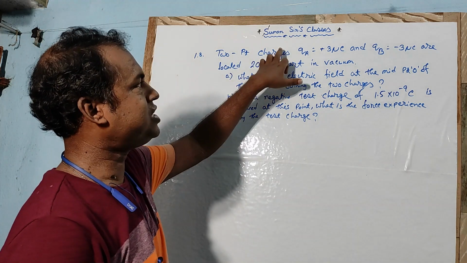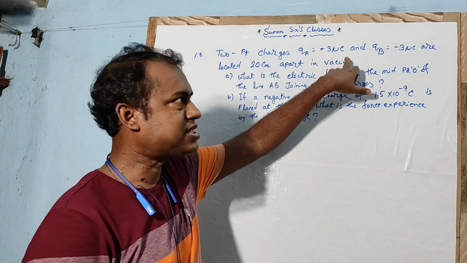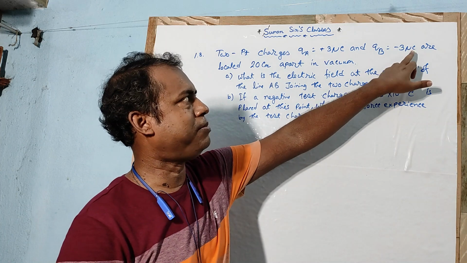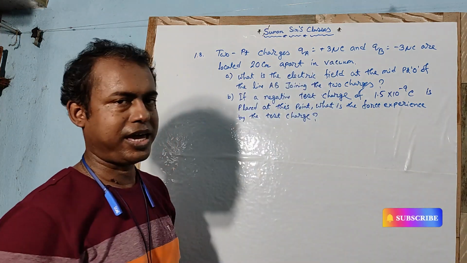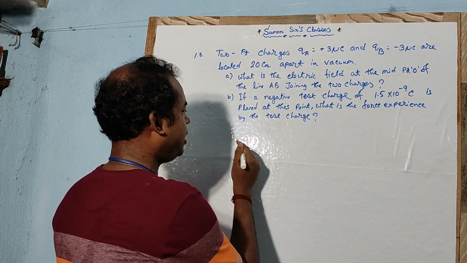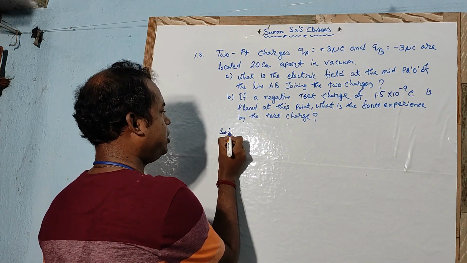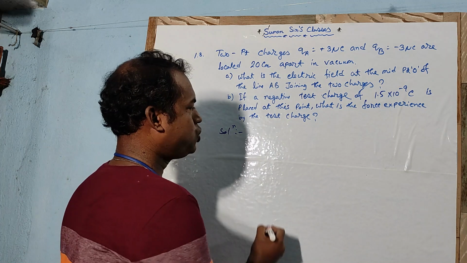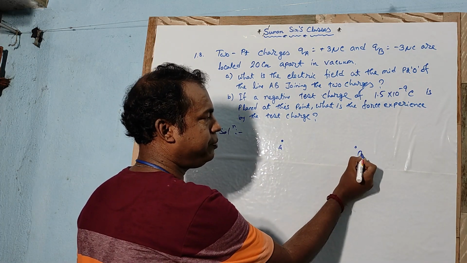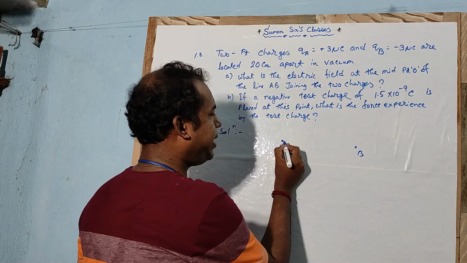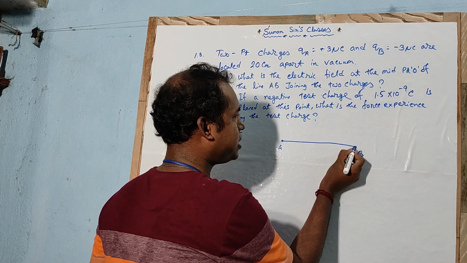Two point charges QA, that is plus 3 microcoulomb, and QB, minus 3 microcoulomb, are located 20 centimeter apart in vacuum. So if I write here the solution, consider this is the point A and another point, this one is point B. These two points are separated by some distance.